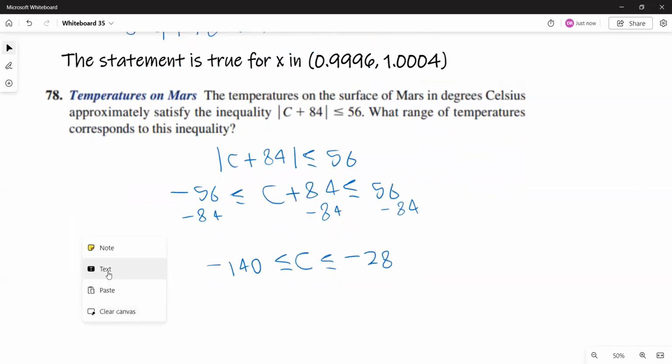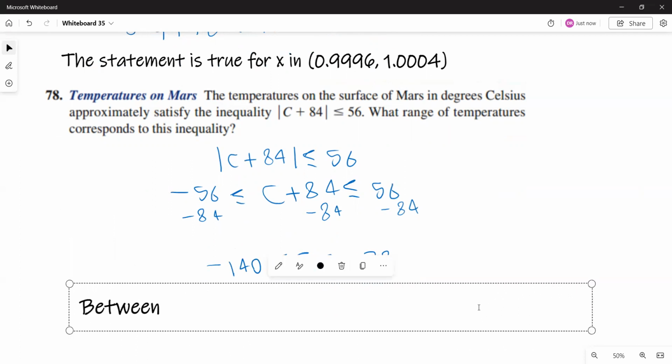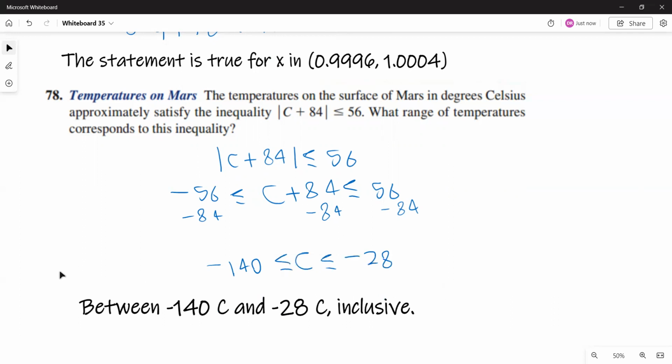That's going to be between negative 140 Celsius degrees and negative 28 Celsius degrees, inclusive, that is, we're including both end values. And I'm just going to write down the degree symbol.